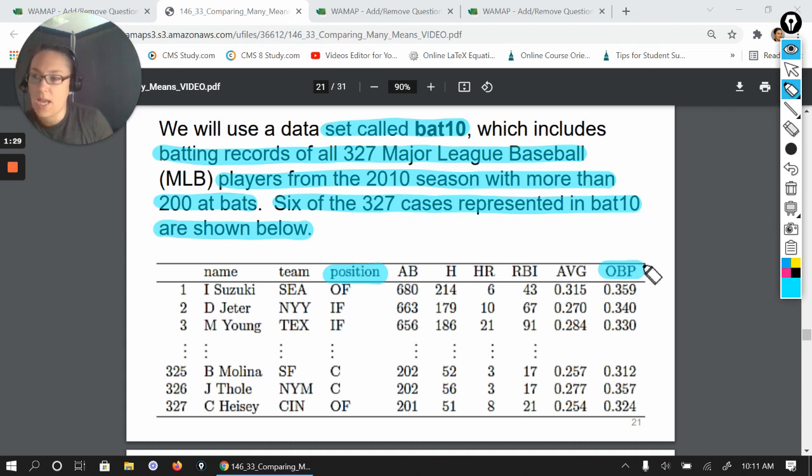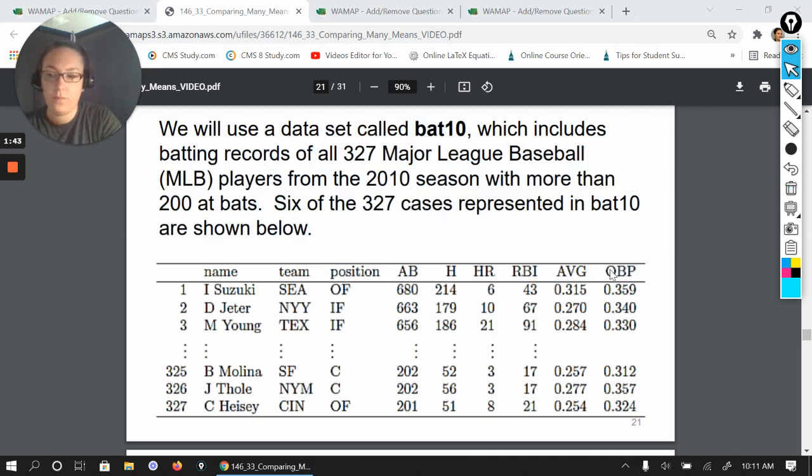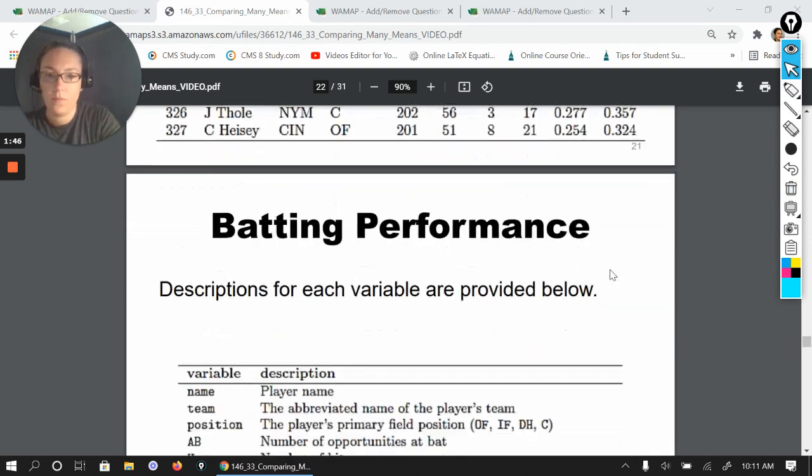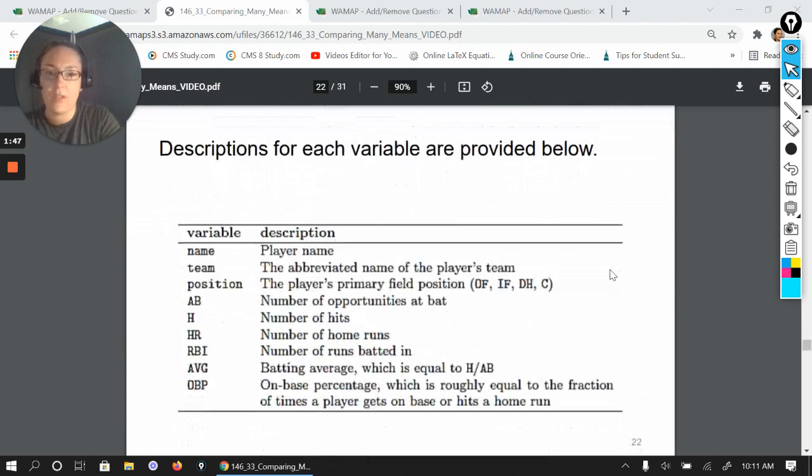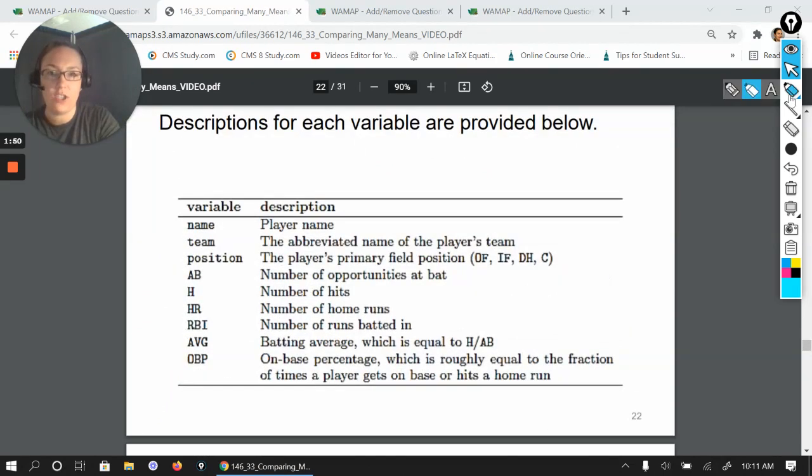The OBP is known as the on-base percentage, which is roughly equal to the fraction of times a player gets on base or hits a home run. And here are the descriptions of each of those abbreviations one more time. So again, we're looking at the position versus the on-base percentage.